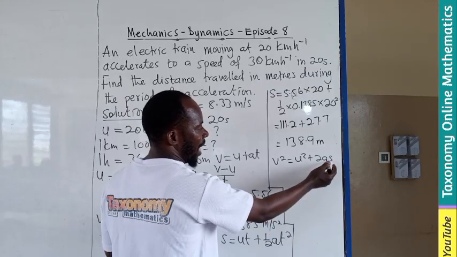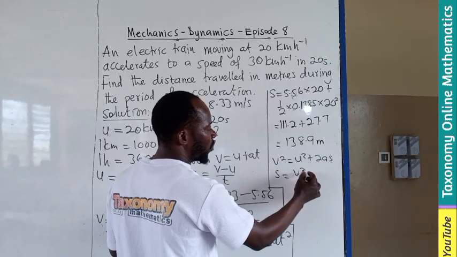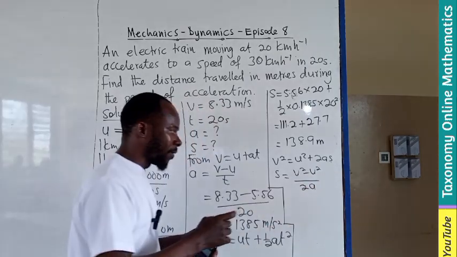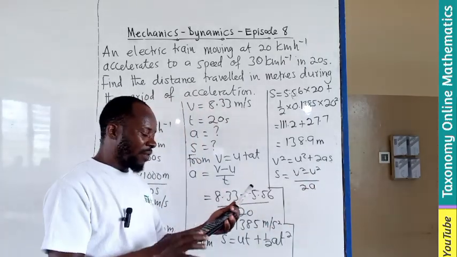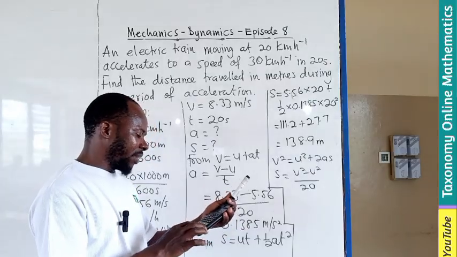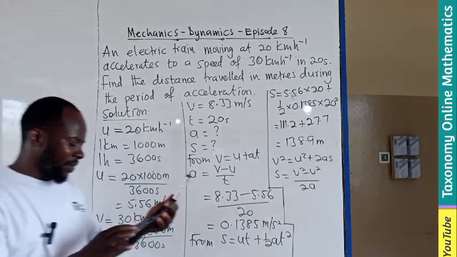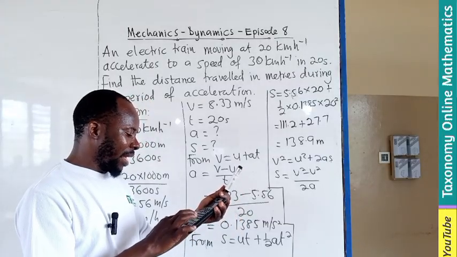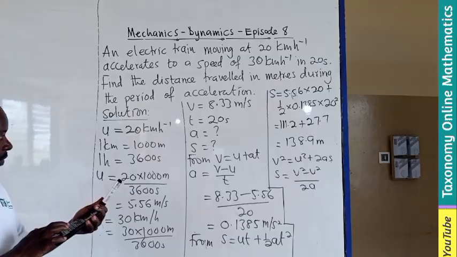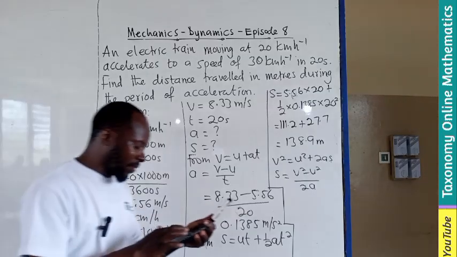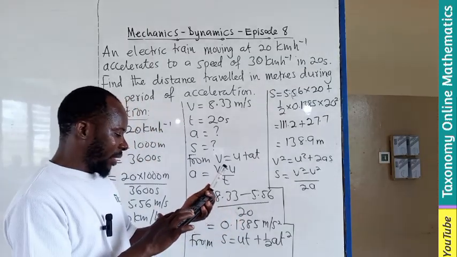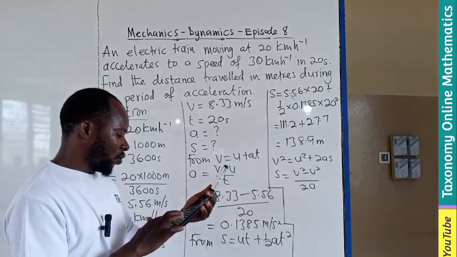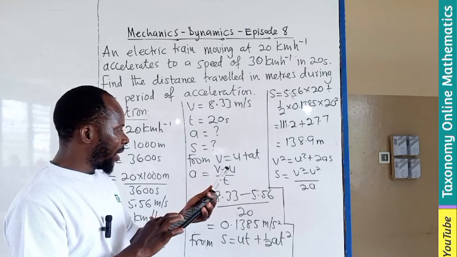So your S is now going to be V squared minus U squared, divided by 2A. Putting this as a rough calculation, final velocity 8.33 all squared, minus initial velocity 5.56 all squared, divided by 2 times A, and our A is 0.1385.